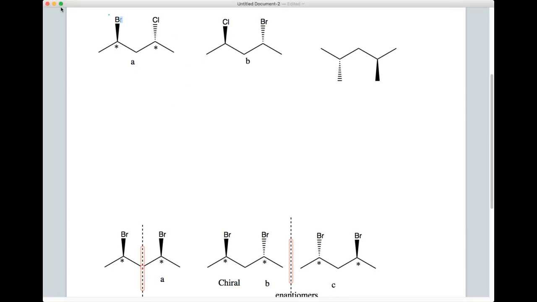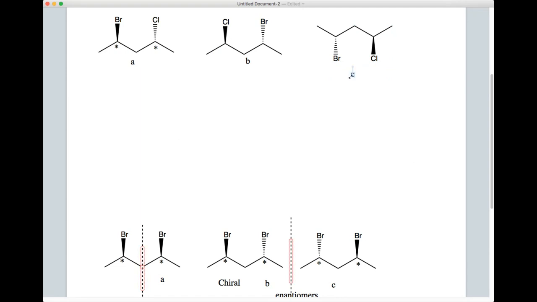A and B are obviously the same. Can anybody type in the chat what I did from A to B? We did a horizontal flipping of 180 degrees. That is correct.